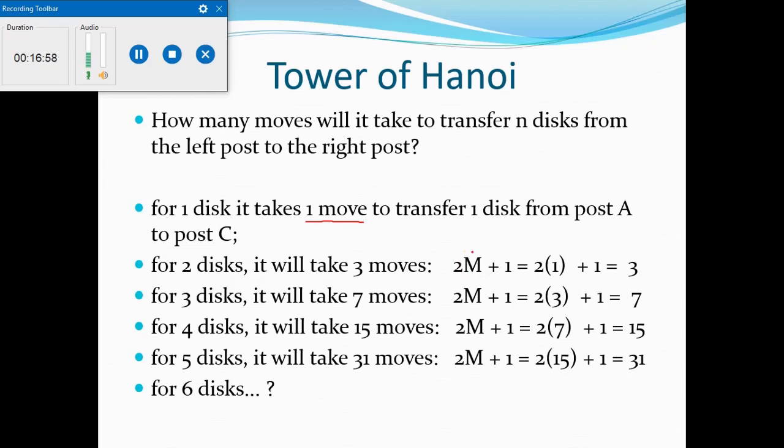So the movement would be 1, so 2 into 1 plus 1, that is 3. Now for 3 disks it should be 2 into m plus 1, where here the m would be the number of movements required for n is equal to 2 disks. So for n is equal to 2, it needs 3.